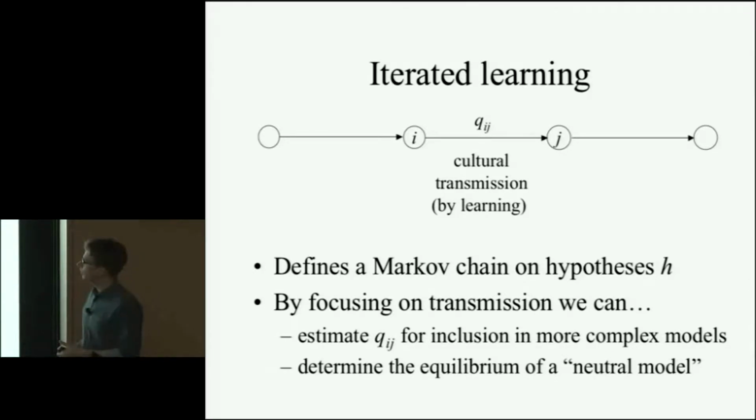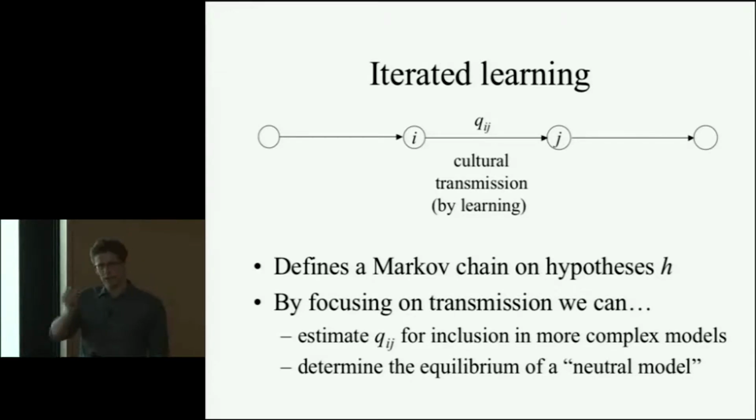In particular, we can make a prediction that over time, the probability that the learner entertains a particular hypothesis is going to converge to a particular distribution, which is called the stationary distribution of that Markov chain. And that gives us a way of characterizing what the outcome of this cultural transmission process is. So what that means is that focusing just on transmission and breaking things down in this way, where we're thinking about chains of individual learners, gives us a tool that can allow us to do two things.